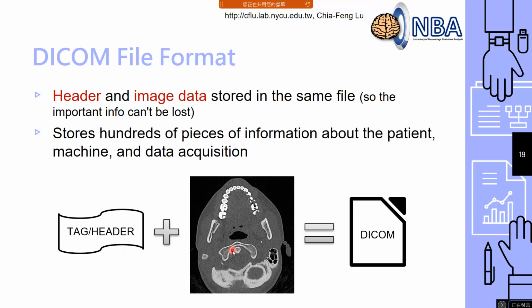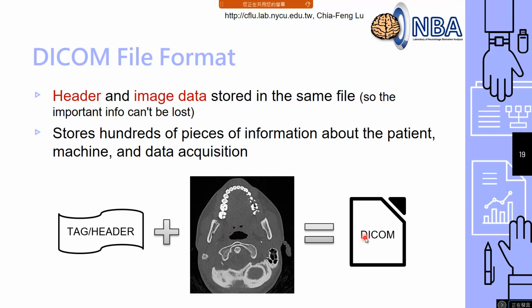Okay, so this is the basis that when any single machine receives this imaging, it can immediately understand who this image belongs to. It may belong to patient A, but not patient B, because I have the patient information within this file. So combine these two parts, information header and image matrix, we will get so-called Dicom format right here.